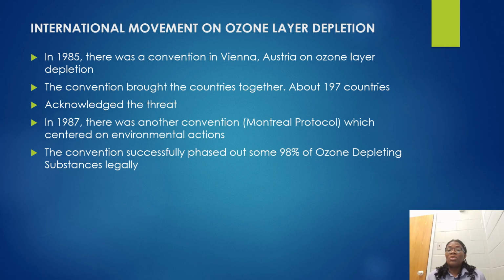What was agreed upon was that the companies producing these ozone layer depleting substances would either stop the production of the substances, or find other substances that could be useful in the production of these products so that it is not going to affect the environment.